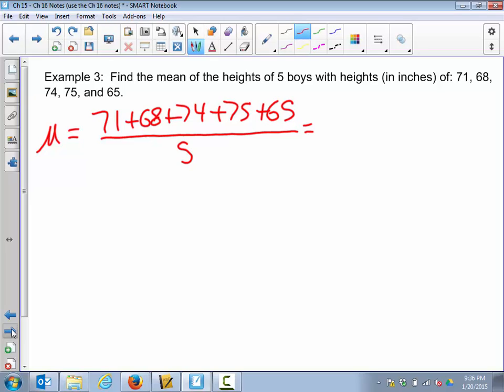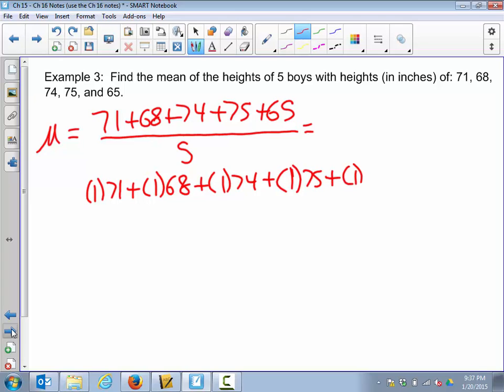Okay, we know that. Well, I'm going to modify this a little bit. I'm going to say instead of just 71, this is 1 times 71. And I'm going to do this on a separate line because I can see that I'm going to run out of space if I leave it like this. 1 times 71 plus 1 times 68 plus 1 times 74 plus 1 times 75 plus 1 times 65, divided through by 5.